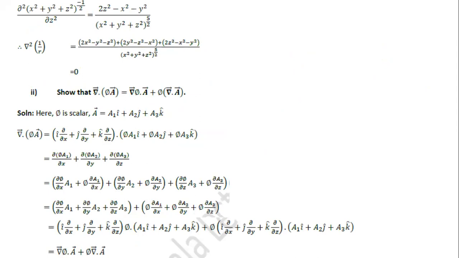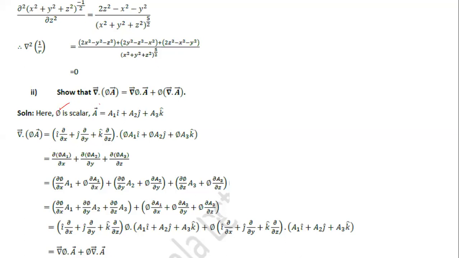This is another vector identity which you should always remember. Here phi is a scalar quantity, a is your vector field. So if you're going to take the divergence of the product of phi and a, this is how it's going to be. Phi into a means phi is a scalar, a is a vector.